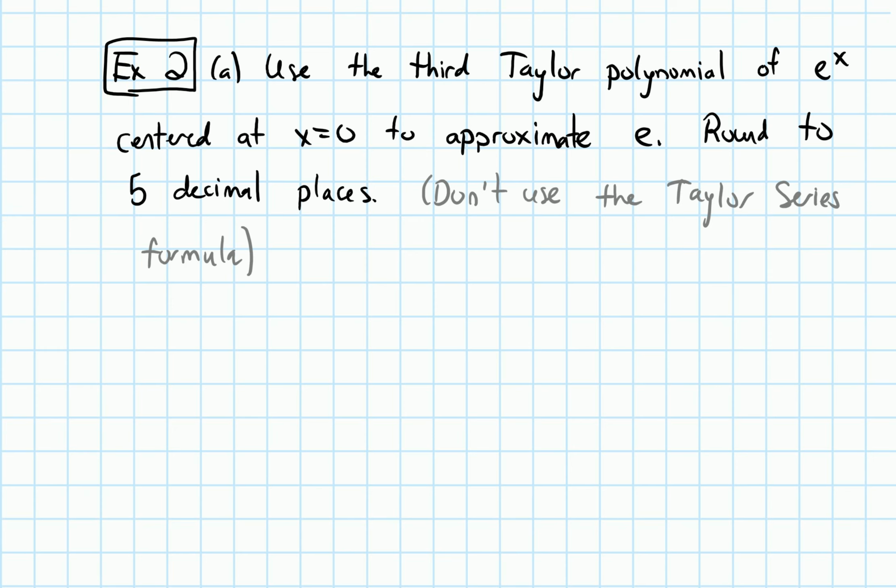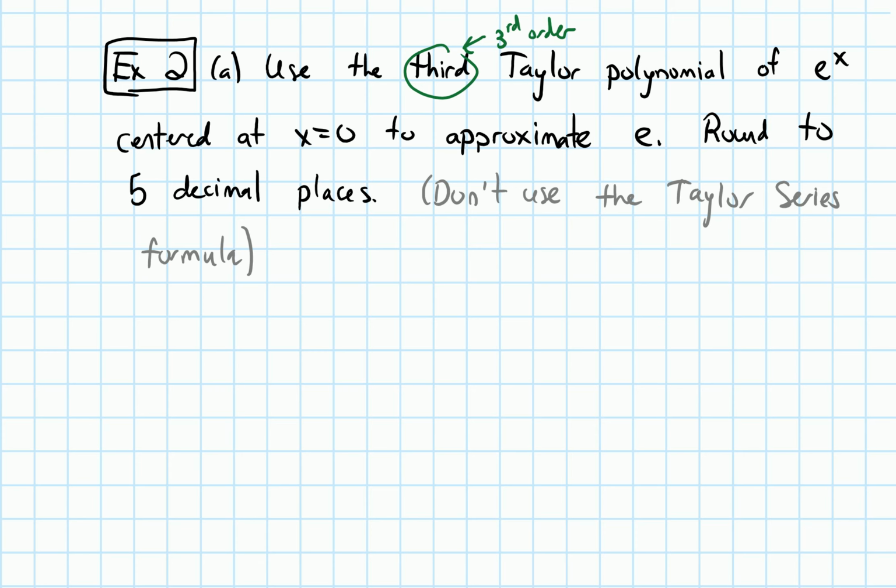So part A of this example is use the third Taylor polynomial. And what I mean by third is third order or third degree, third order Taylor polynomial of e to the x that's centered at x equals 0 to approximate e and round to 5 decimal places.